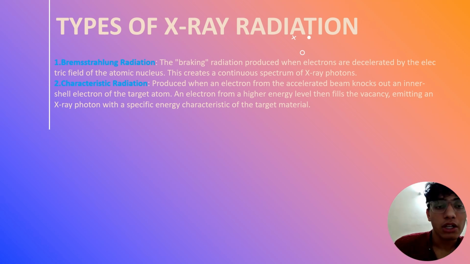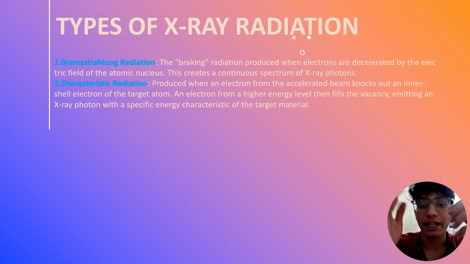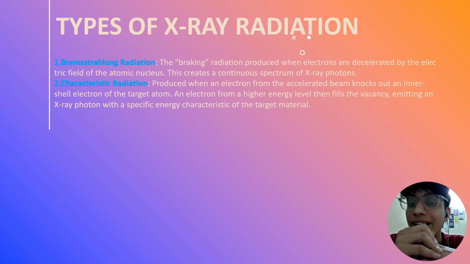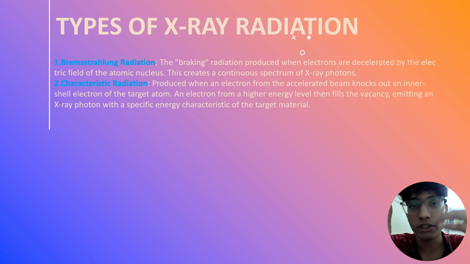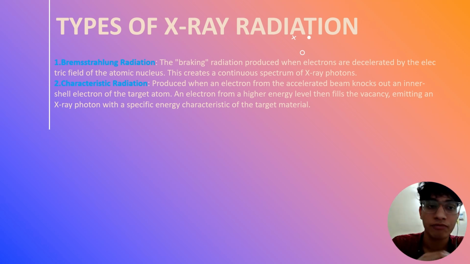This is why it is called characteristic X-ray, and it doesn't produce a continuous spectrum of X-rays. Rather, it produces discrete X-ray radiation.